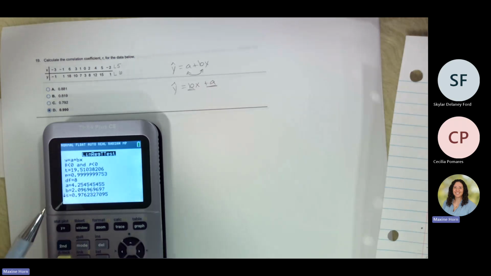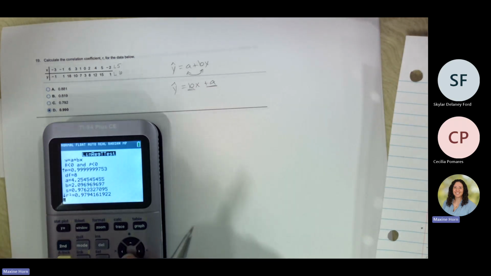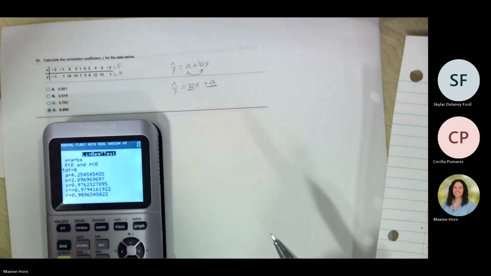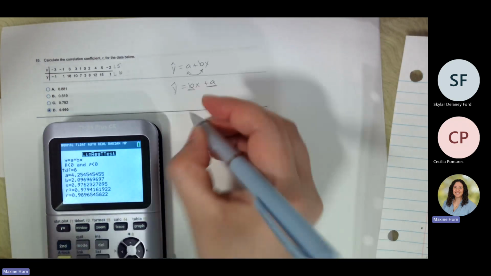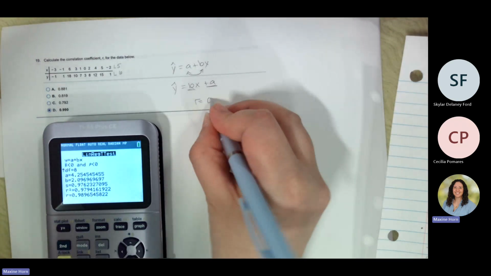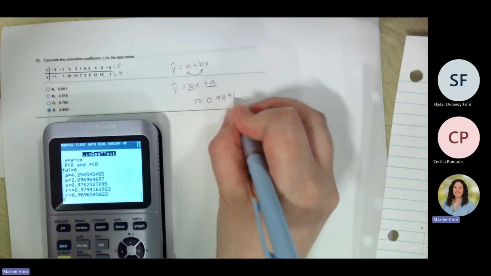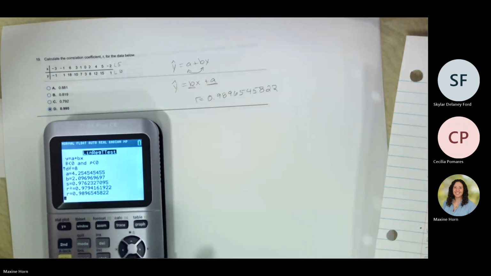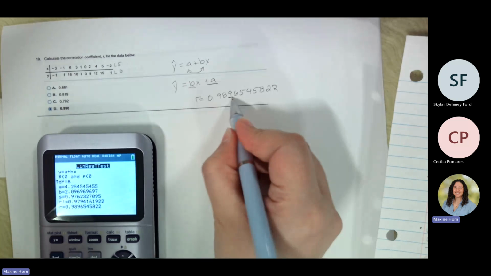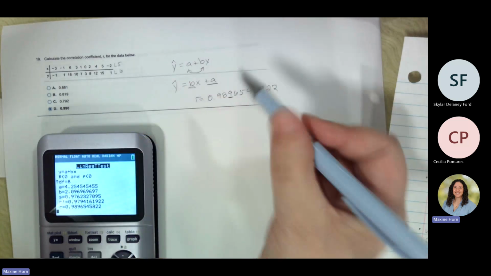The little arrow over here tells me there's more information down there. If I scroll down, I can see there is an R value right there, and it gives me an R value of 0.98965458222. I'm going to round that to 3 decimal places because that's what my answers go to.